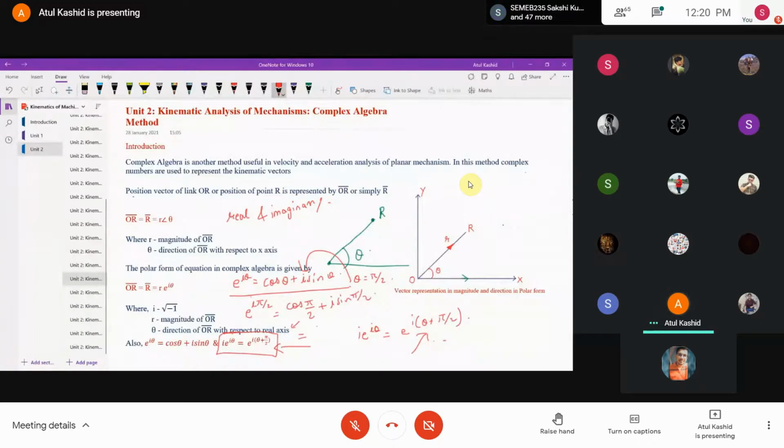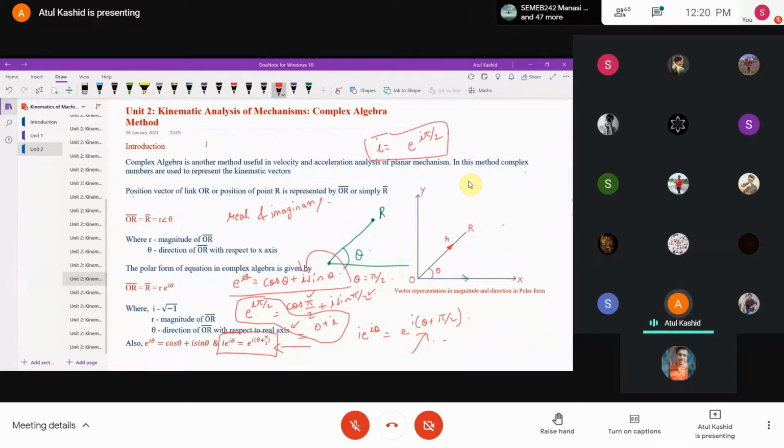So this will become 0 and this will become I, because sine 90 is equal to 1 and cos 90 is equal to 0, right? So from this equation, I is equal to e raised to I pi by 2.